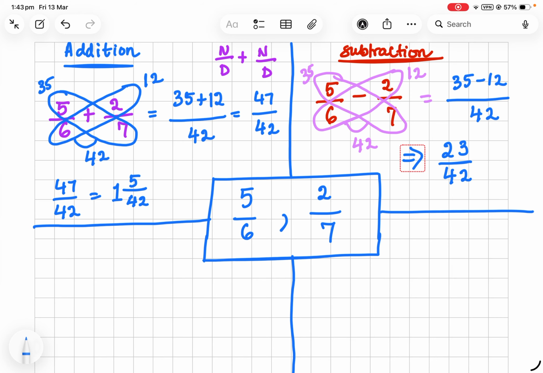Is there any multiplication table that can cancel the numerator and denominator? I don't think so. And it's not an improper fraction, so it cannot be converted to a mixed numeral. So you're going to leave it as 23 divided by 42.